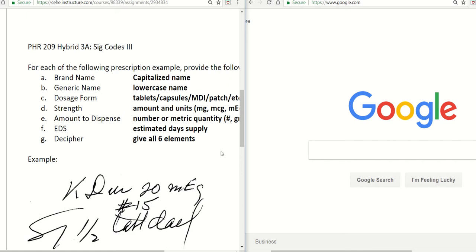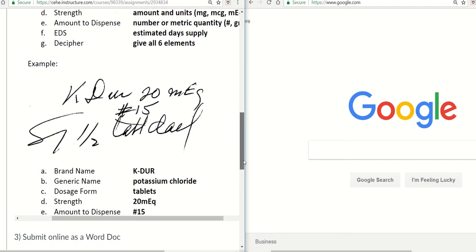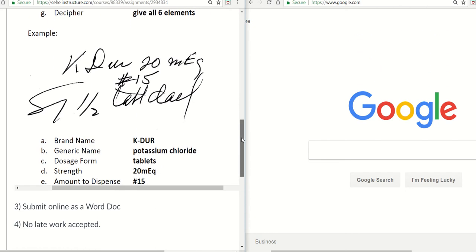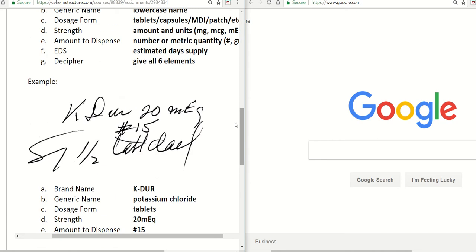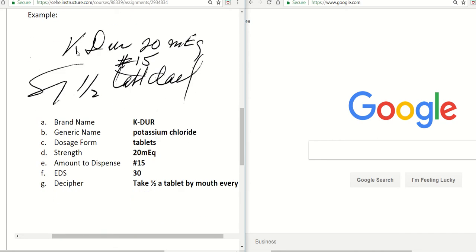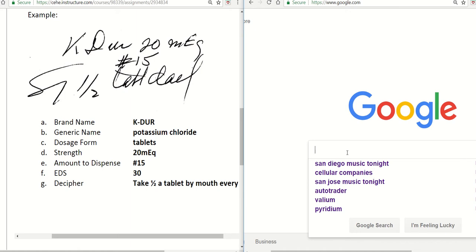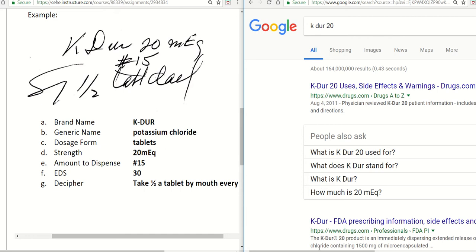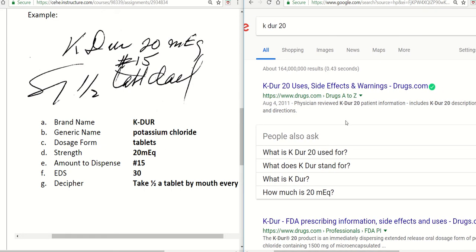So for this first one, same example from Farm 200. So brand name is Cater. So if you just type in Cater, in this case you'll see the 20. You can almost see all the information.